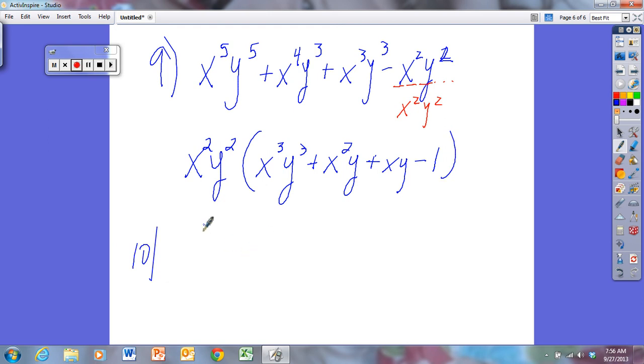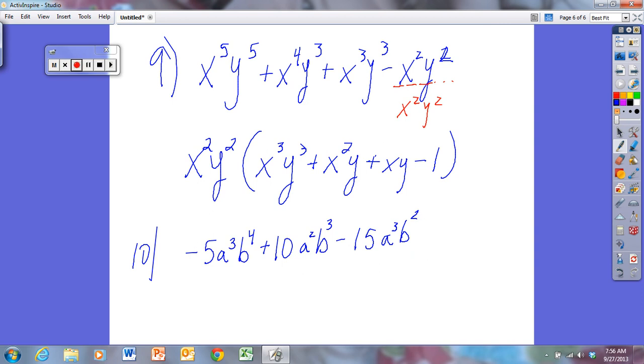Let's do negative 5a to the 3rd, b to the 4th, plus 10 a squared b cubed minus 15 a cubed b squared. So here you could take out a 5 or a negative 5.